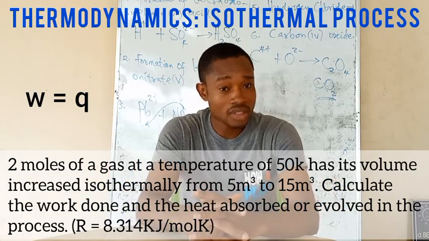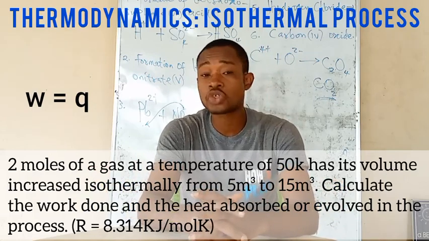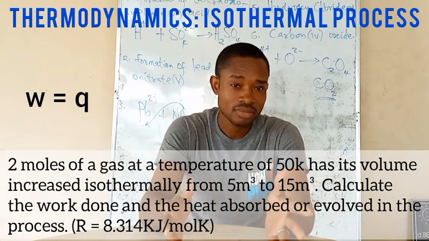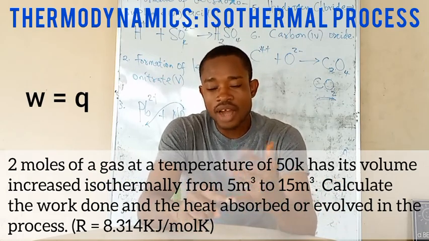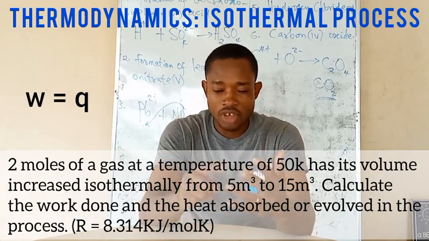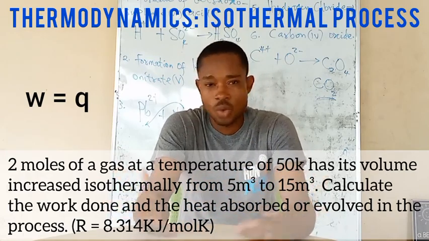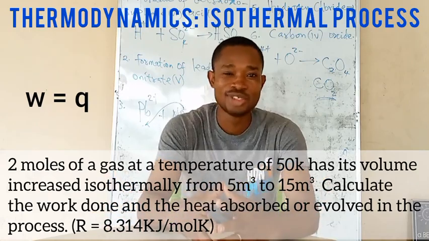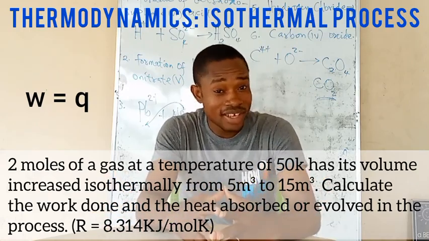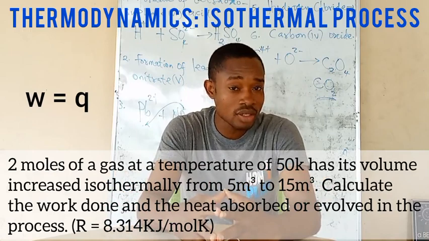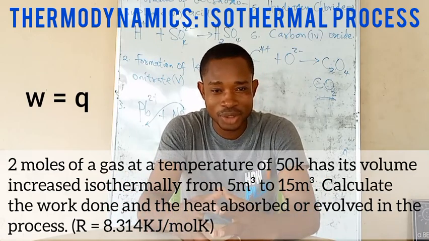Calculate the work done. Also find the heat. If you calculate the work done, you've gotten the heat as well. So if I assume that the work done is equal to alpha kilojoule, for example, then the heat would also be what? Alpha kilojoule.